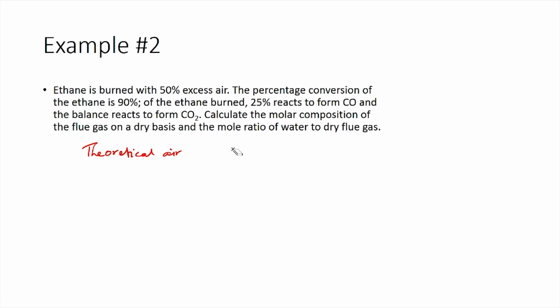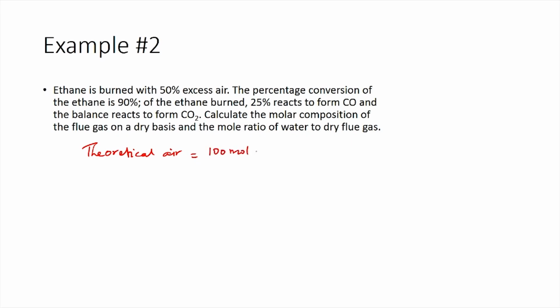For every mole of ethane which is fed, you need 3.5 moles of oxygen for complete combustion to occur. So, the theoretical air requirement would be based on theoretical oxygen which is 3.5 moles of oxygen per mole of ethane.